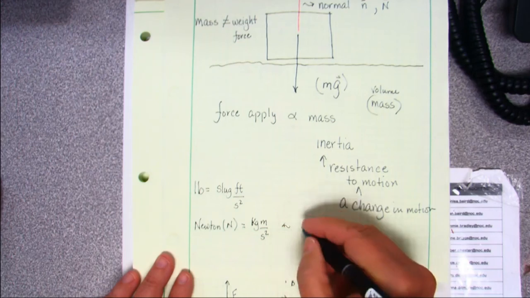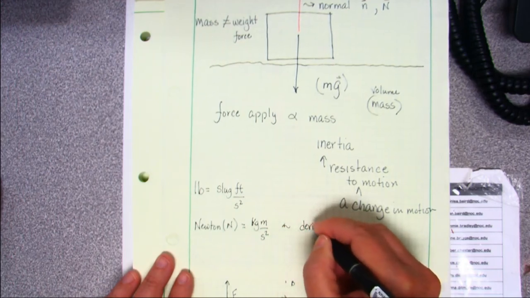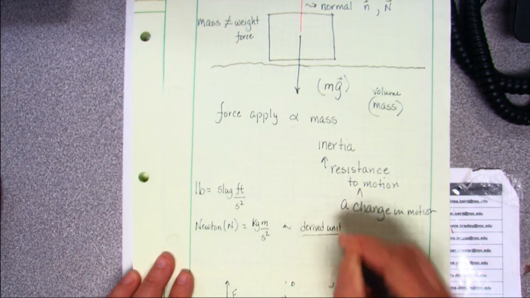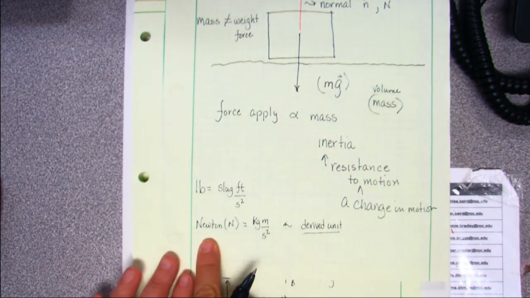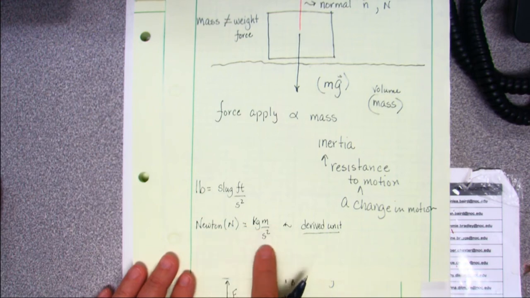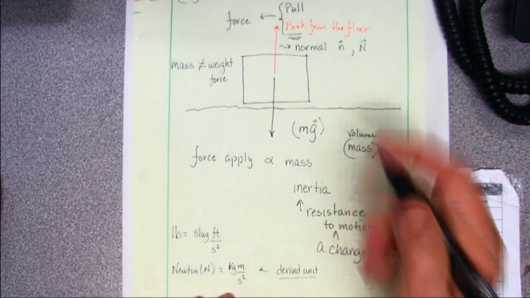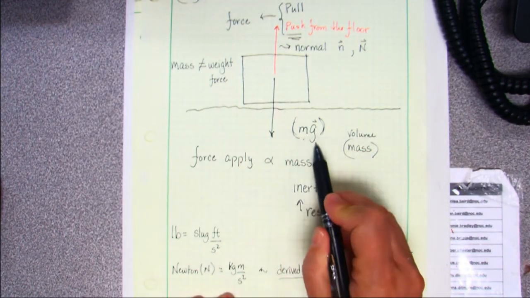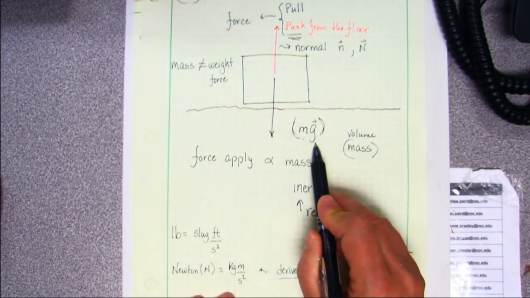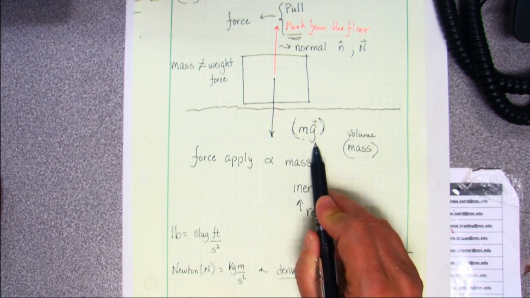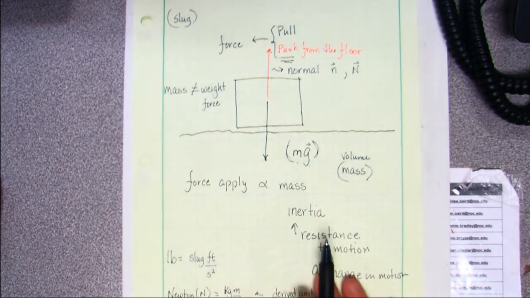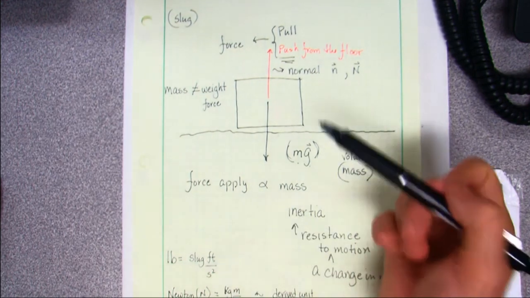And this again is a derived unit. So a newton, which is what we're going to end up working with, is kilograms meters per second squared. Weight is going to be mass times the acceleration due to gravity.